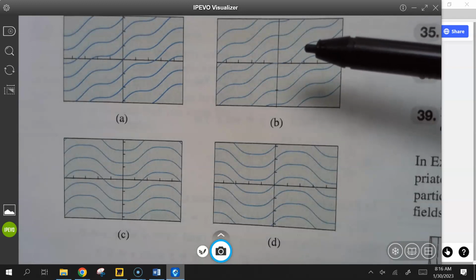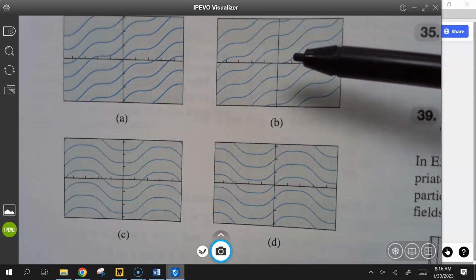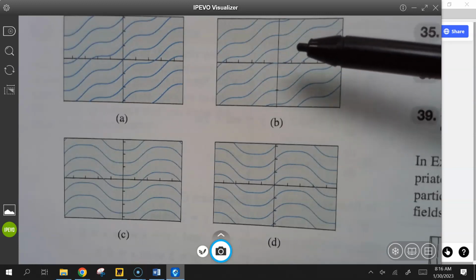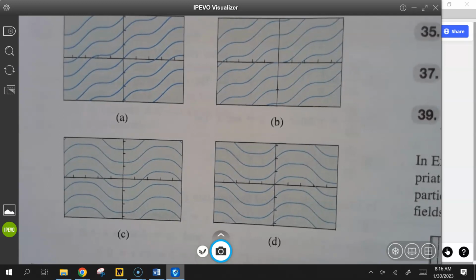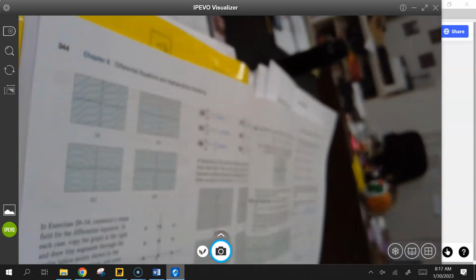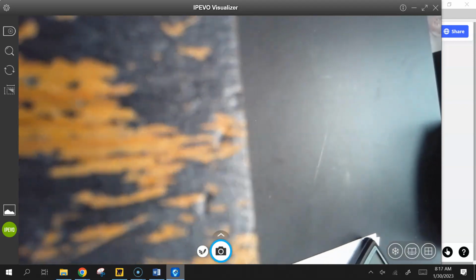Looking. Pi over 2, 1. Well, this one's hard. I am going to say on this one.